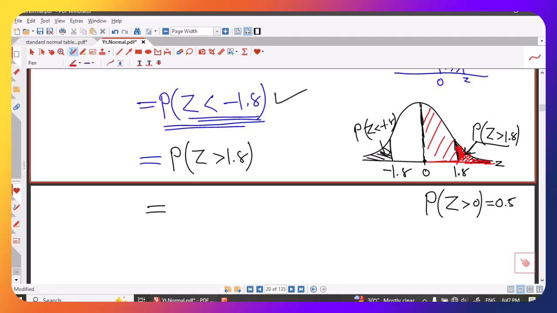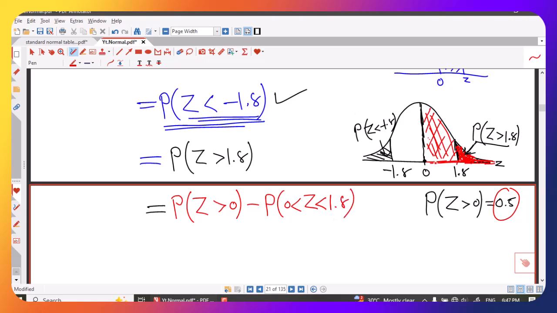We are interested in this much area. So that area is equal to this total area to the right of 0, which is 0.5, minus area between 0 and 1.8. So this I can rewrite as probability that z is greater than 0 minus probability that z is in between 0 and 1.8.